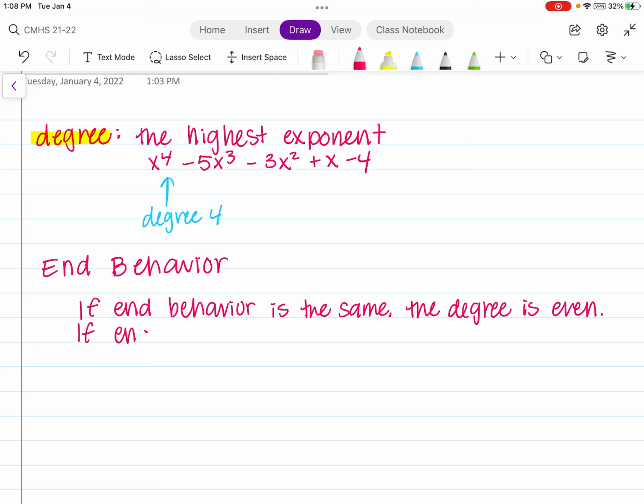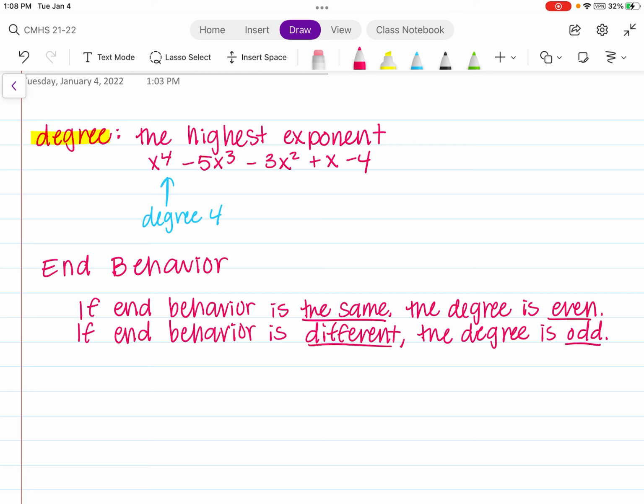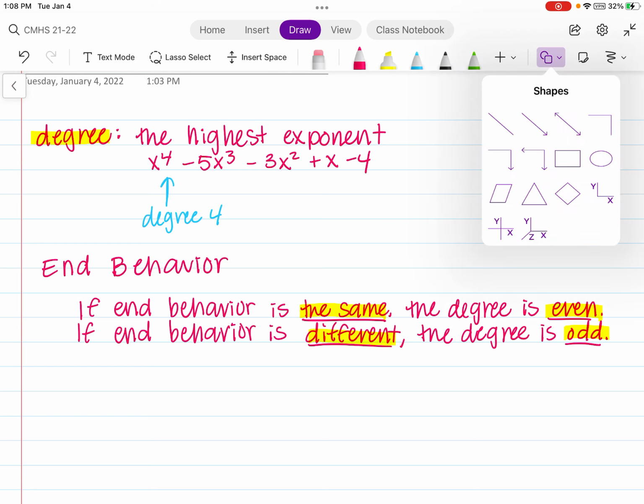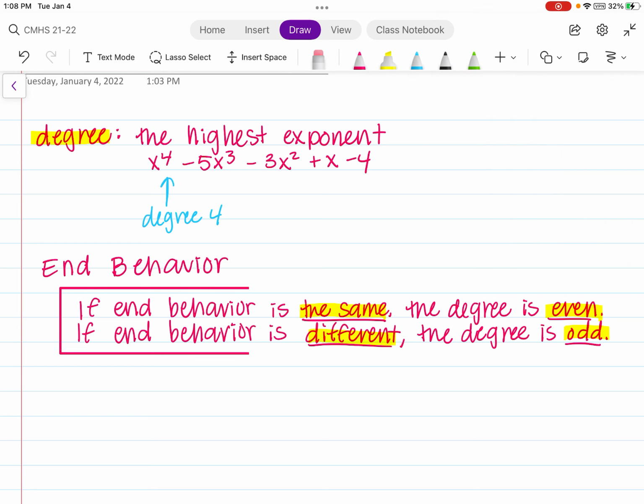So if we can make the connection, if end behavior is different, for example, one goes up and one goes down, the degree is odd. And we're going to look at some of these. I'm also going to underline and highlight those two things. The same, it's even. Different, it's odd. And I'm going to put a little box around it, because who doesn't like a nice box around their rules?